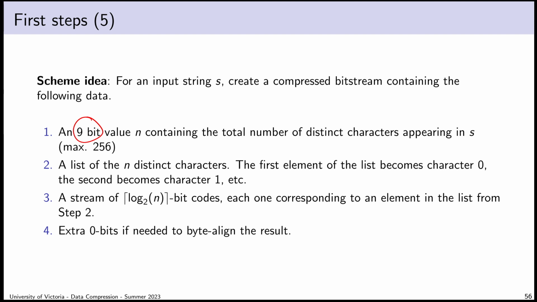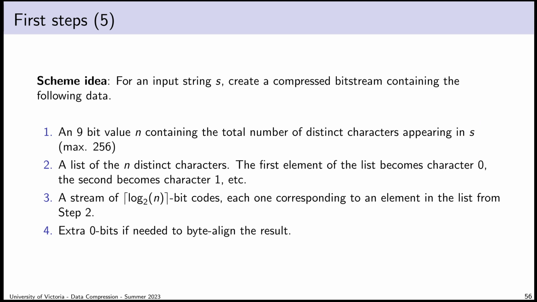Now, connoisseurs will look at this and observe that with some clever arithmetic, they could find a way of storing this number in only 8 bits by leveraging something else they might know about the data stream. I'm not going to do that. I'm going to play this straight up. If I want to represent the number 256, I need 9 bits. So the beginning of my bit stream will be a 9-bit value, which is a number between 0 and 256 that tells the decompressor how many distinct characters occur.